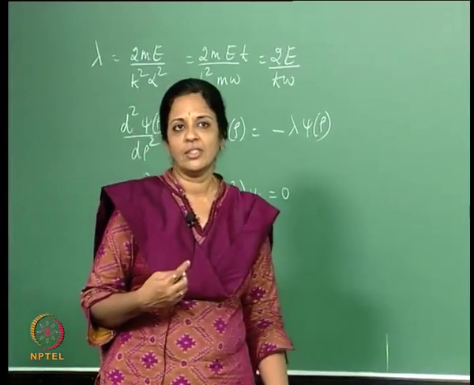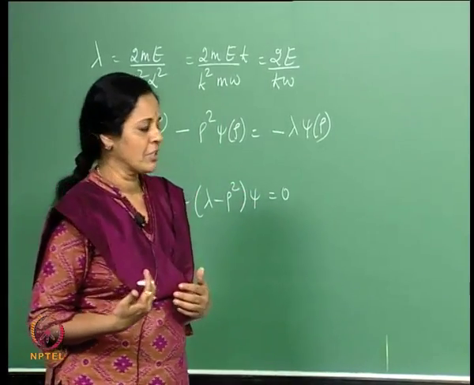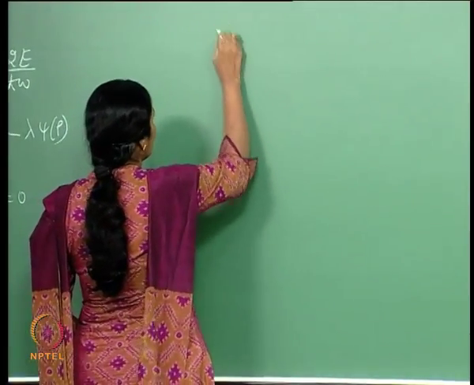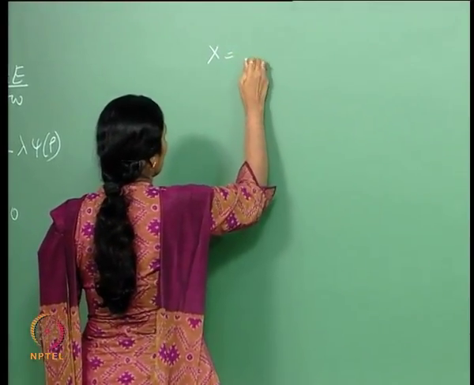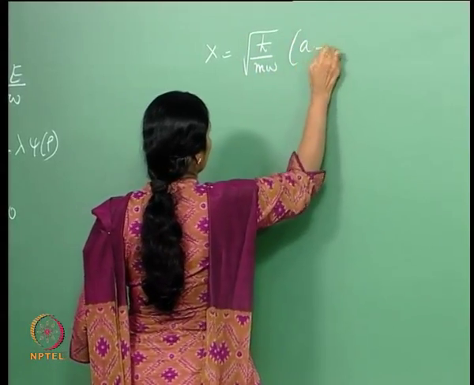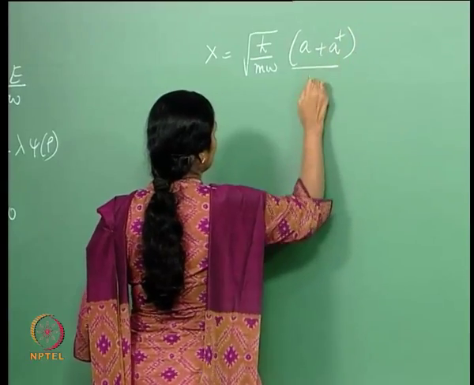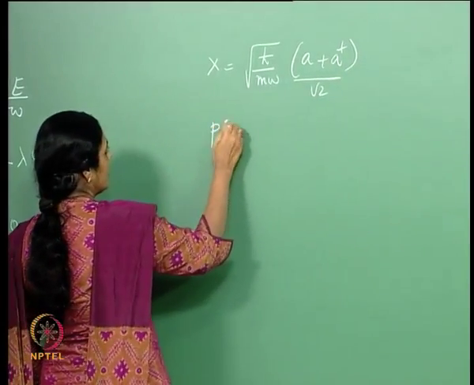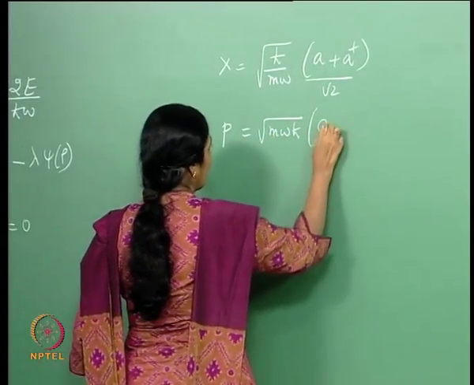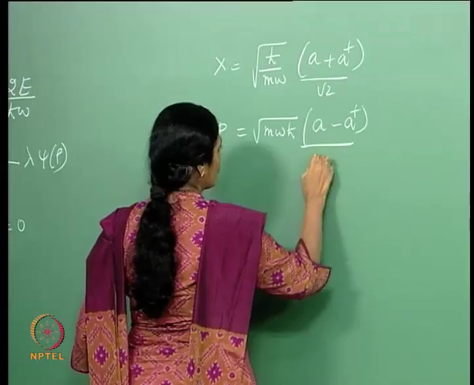Now you will recall that when we did the abstract operator method in terms of A and A dagger, the ladder operators, we said that x was root of h cross by m omega times A plus A dagger by root 2, and p was root of m omega h cross times A minus A dagger by root 2i.